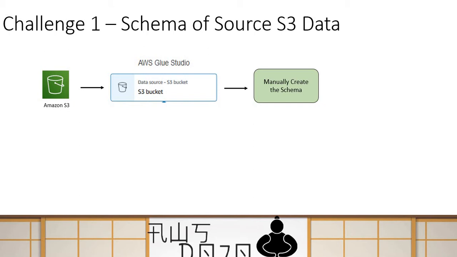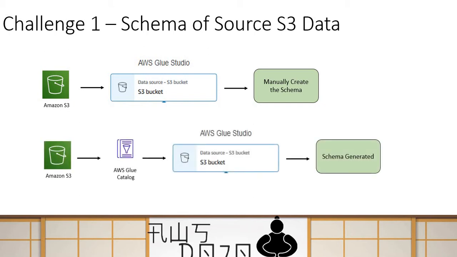The other approach, which in my opinion is the preferred approach, and in fact I recommend it, is you put your data into an S3 bucket, and then you use a Glue crawler to catalog your data, and then you use a Glue catalog as a source for your data source node in the Glue Studio job. In that case, since your Glue catalog has already generated your schema, your data source node will come to know the schema already.